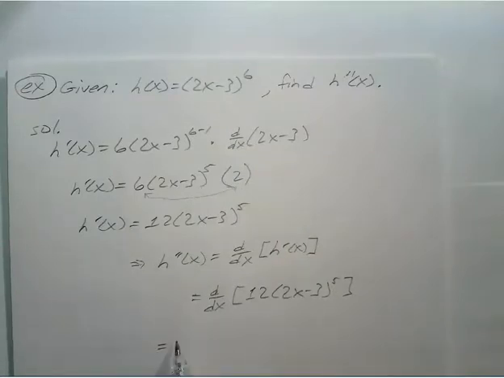Find the derivative of that, so we have 12 times the derivative of (2x minus 3) to the 5th, so we bring down the 5, times (2x minus 3), then we subtract 1, times the derivative of what's inside, which is 2x minus 3.